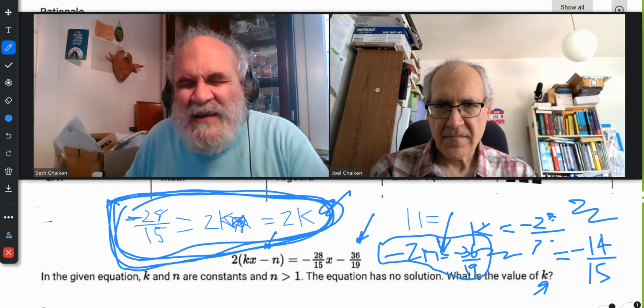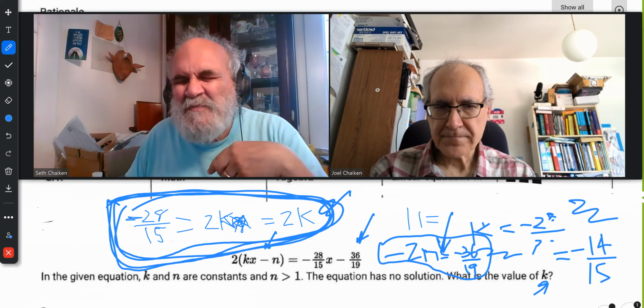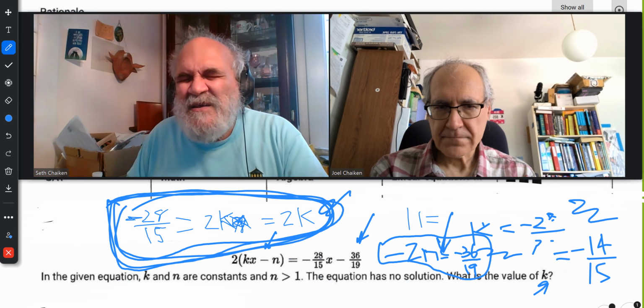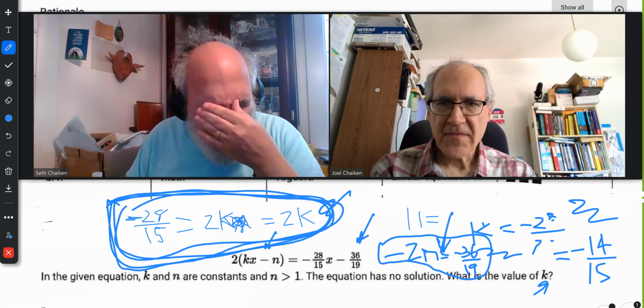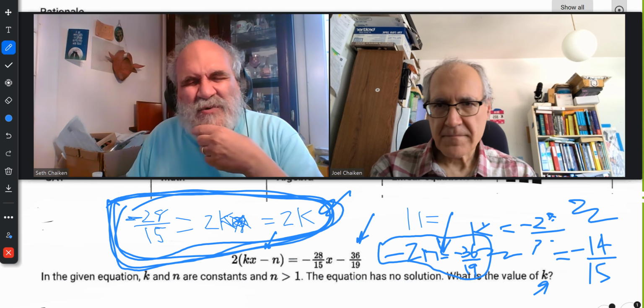use that n is greater than 1, you'll realize that equation is untrue. And so when you pick that value of k, you're immediately led to an equation that has no solution. But again, that's going the converse.